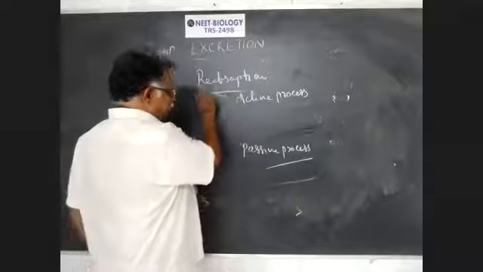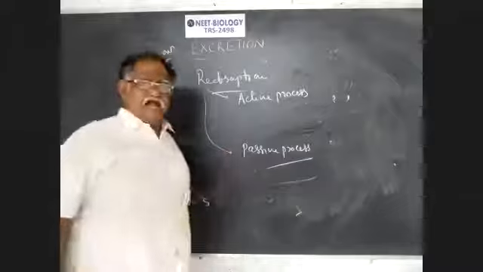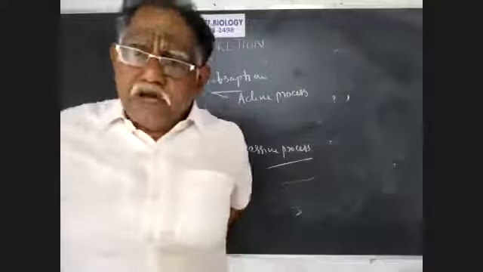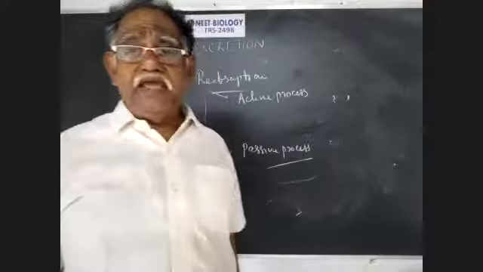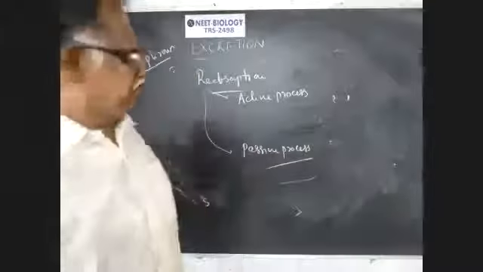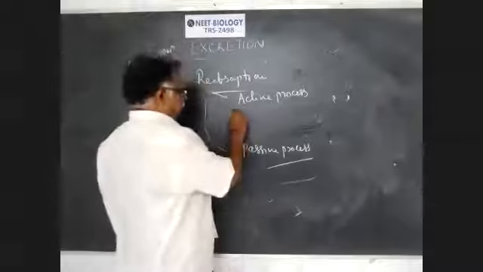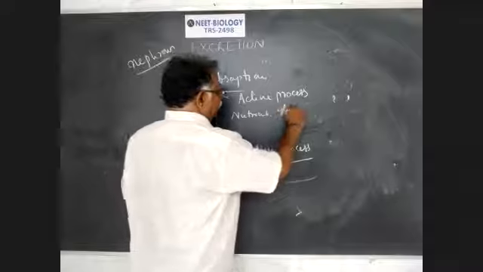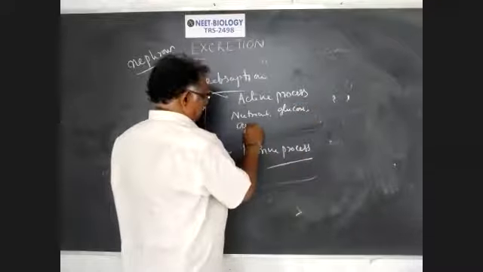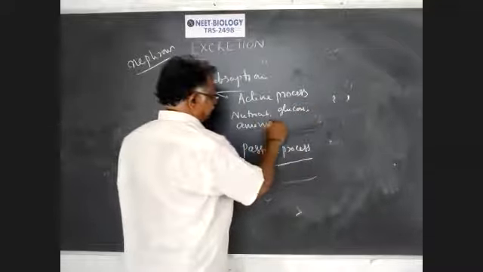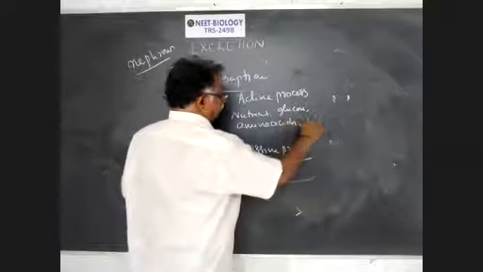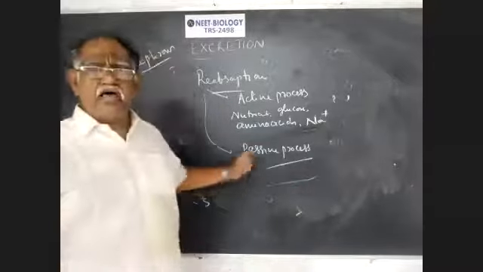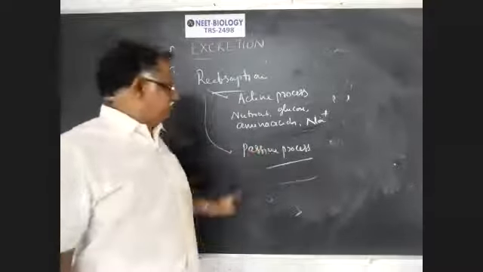Reabsorption occurs by two processes, active process and passive process. What are the substances which are reabsorbed by active process? Nutrients like glucose, amino acids, sodium, electrolytes. They are reabsorbed by active process.